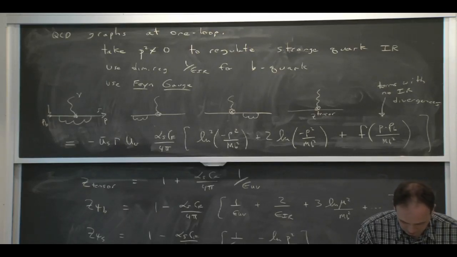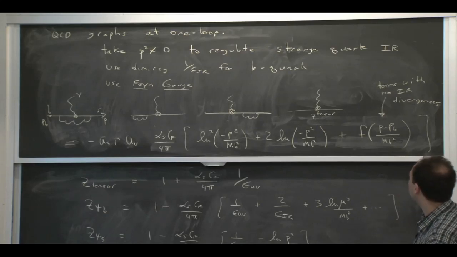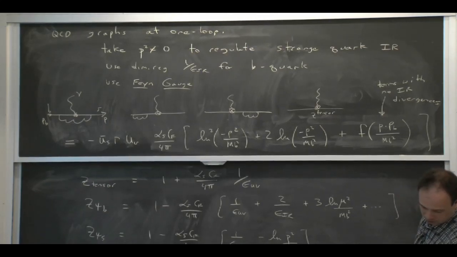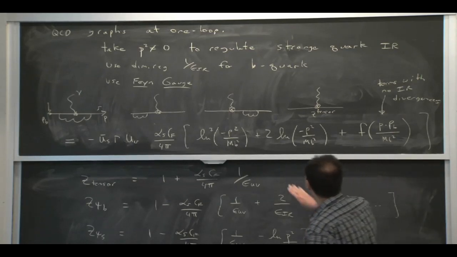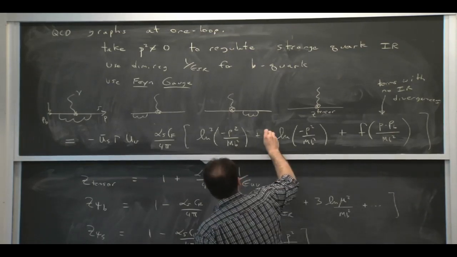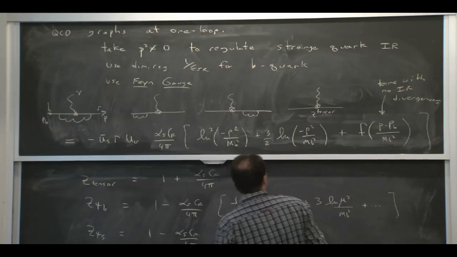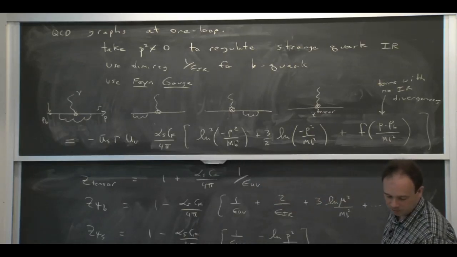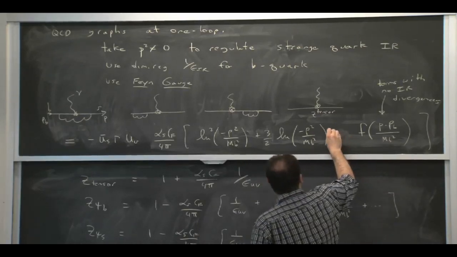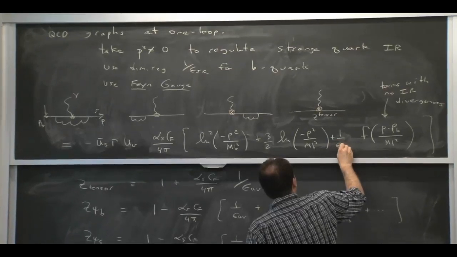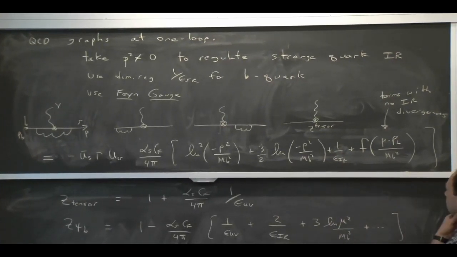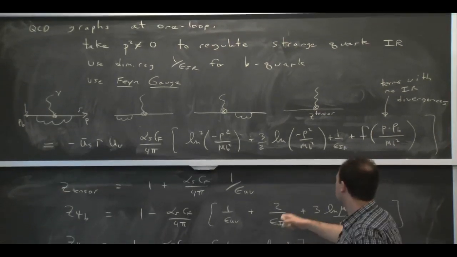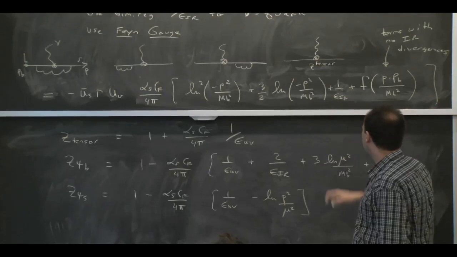So if I want it to be the way I say, then what do I have to do? So this guy should be 3/2. And there will be one more divergence. I think that's right. So this 2/epsilon IR here is that 1/epsilon IR.